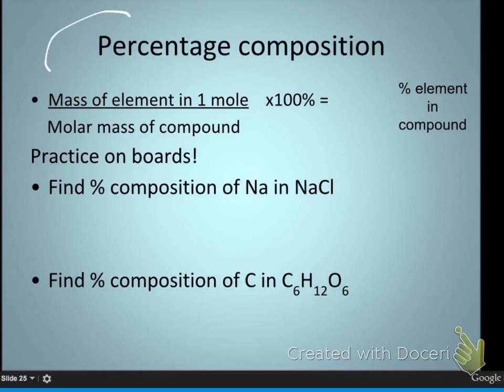Okay, so this is percentage composition problems. What we're looking at is the percentage by mass of a compound that's made up of a given element.